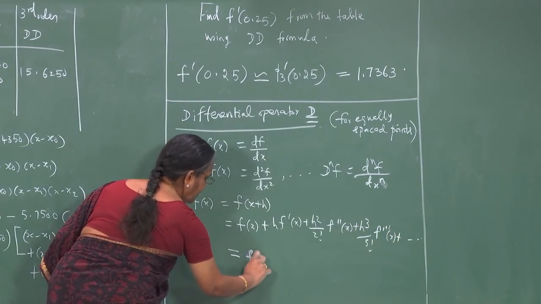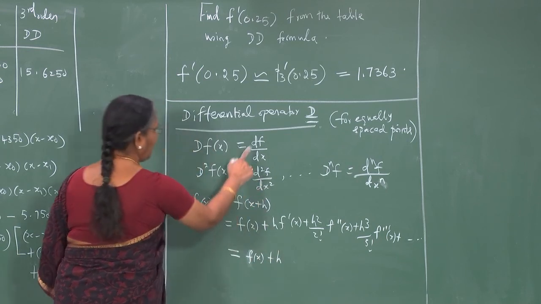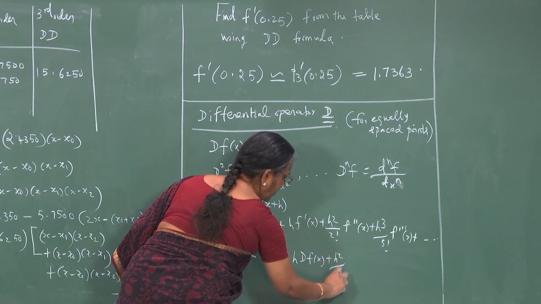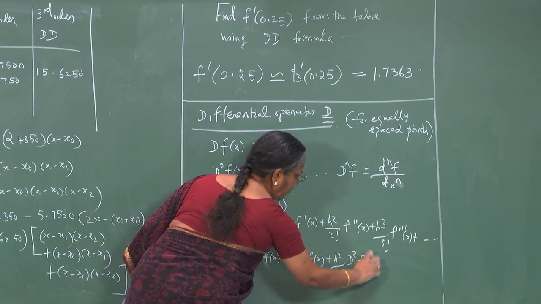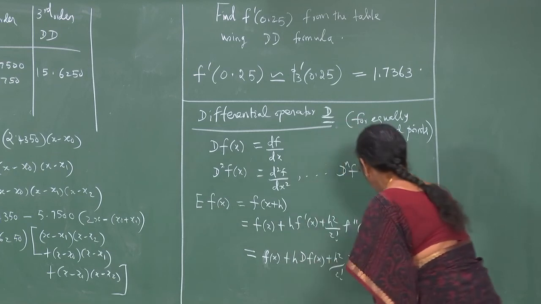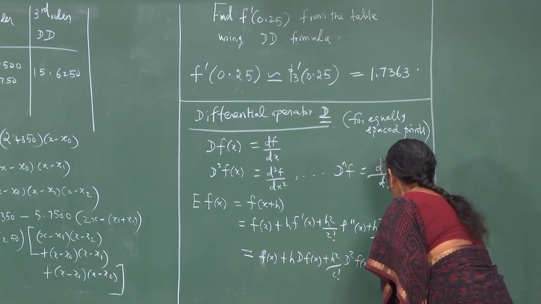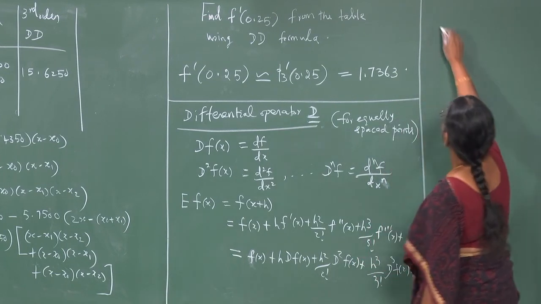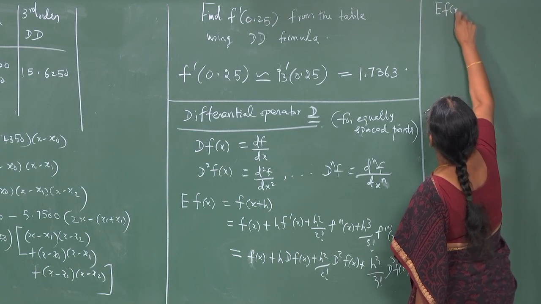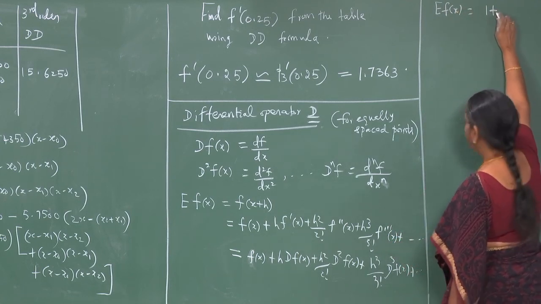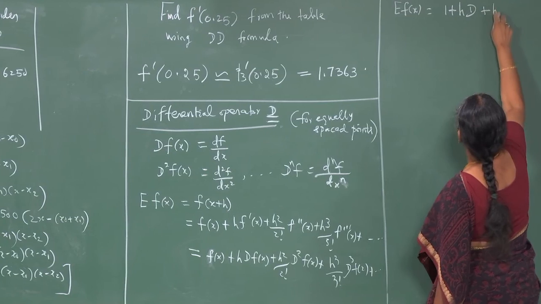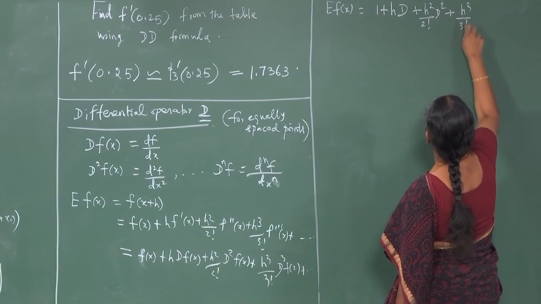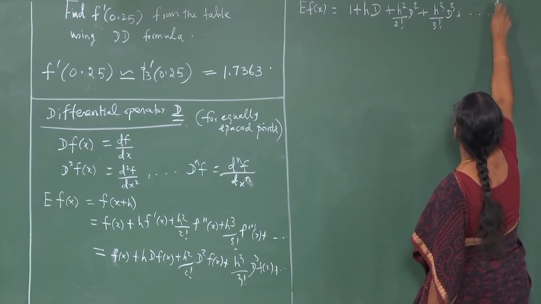That is f of x plus h into d on f of x plus h square by factorial 2 d square on f of x plus h cubed by factorial 3 d cubed on f of x, etc. So, we have E on f of x equal to 1 plus h d plus h square by factorial 2 d square plus h cubed by factorial 3 d cubed plus etc.